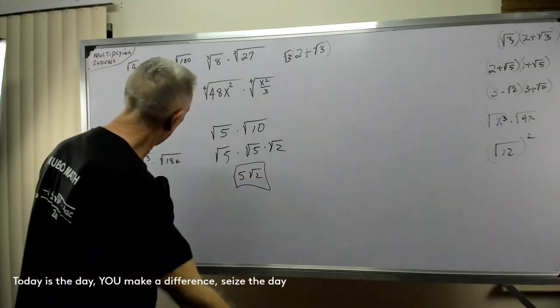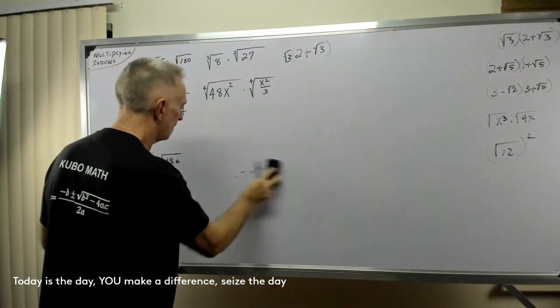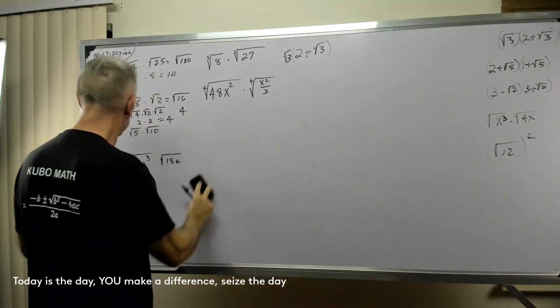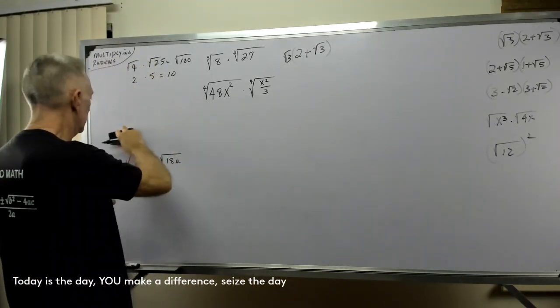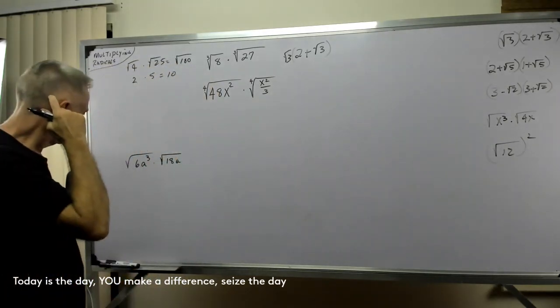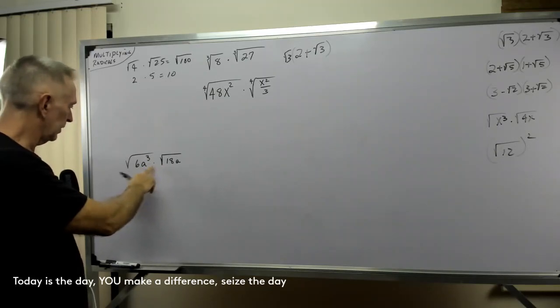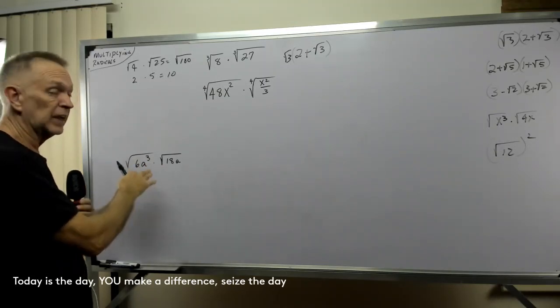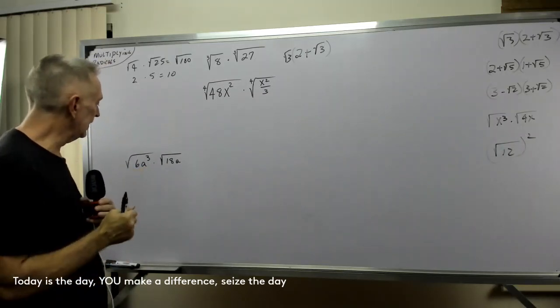Okay. Let me clean up a little bit here. All right. What about this crazy looking one here? The square root of 6a cubed times the square root of 18a.